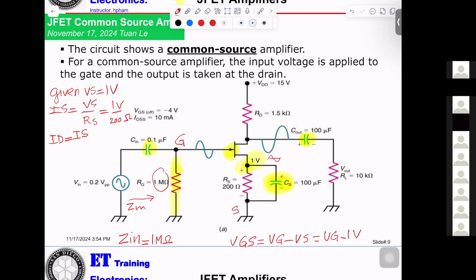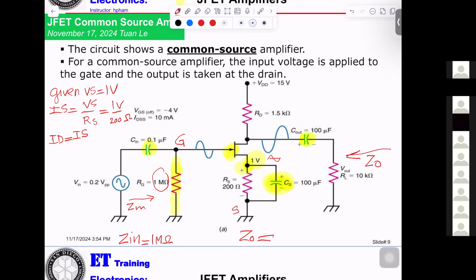Right. Okay, now tell me Z out. Z out, you're looking into here. So that would be 10K in parallel with 1.5K.